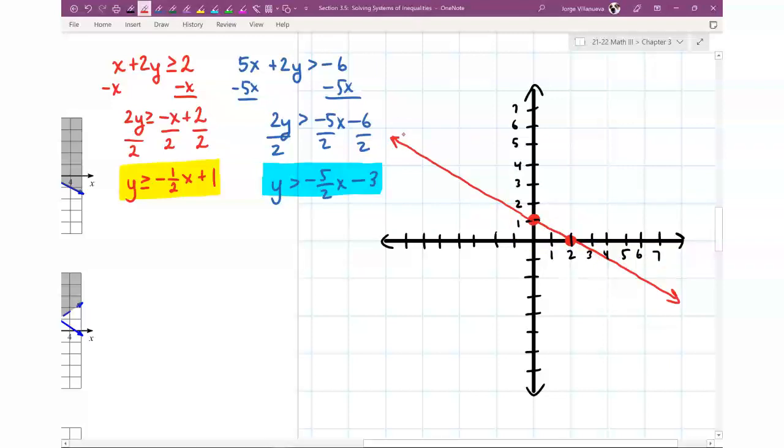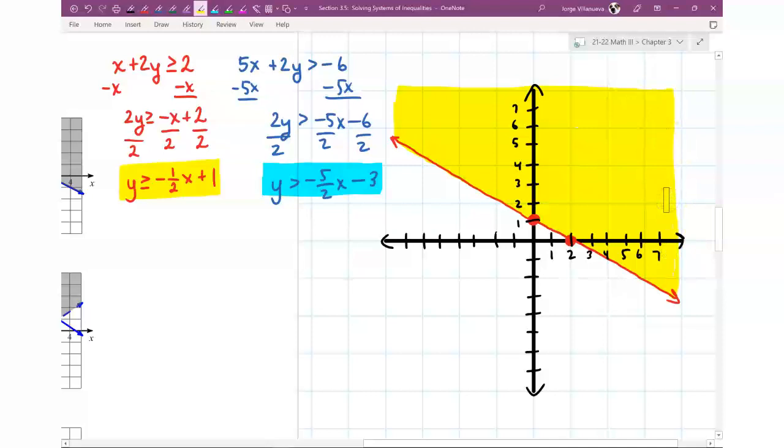And it does say greater than or equal to, so greater means up, right? So I'm going to draw over here, and I'm going to color it in. All right, so there we go.